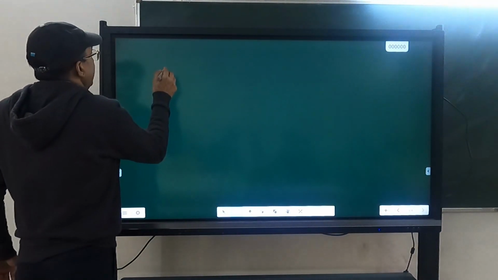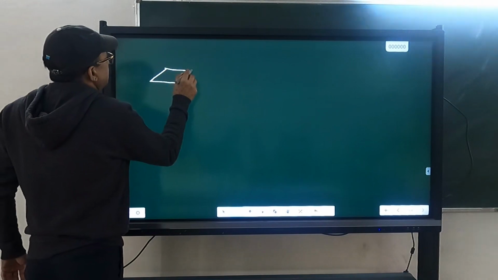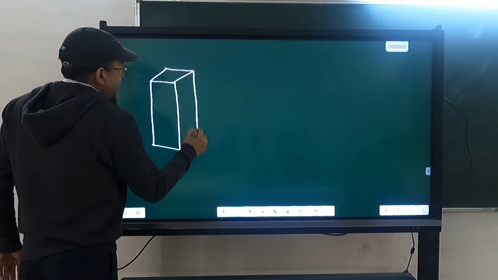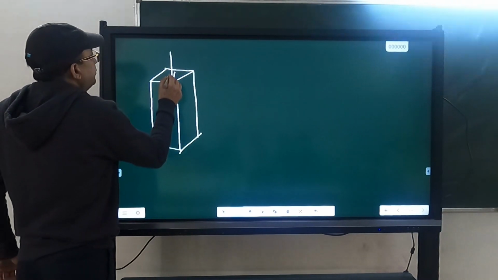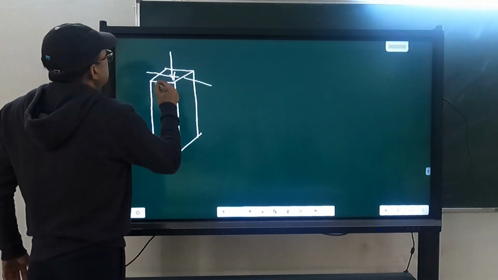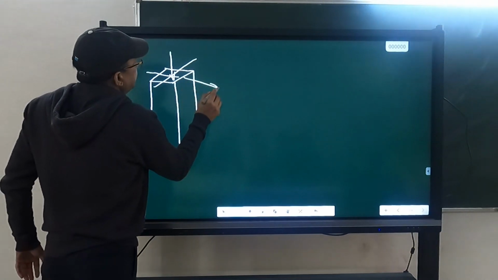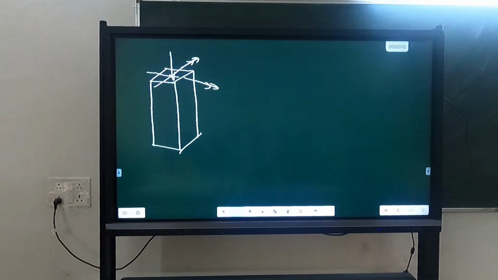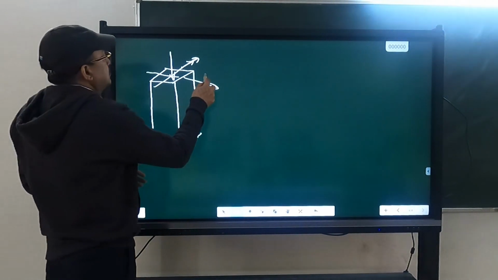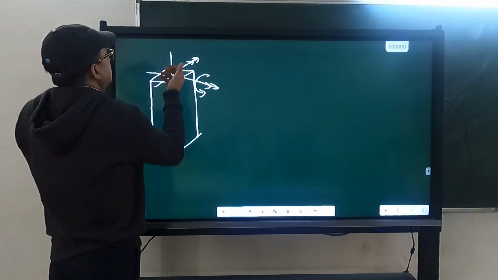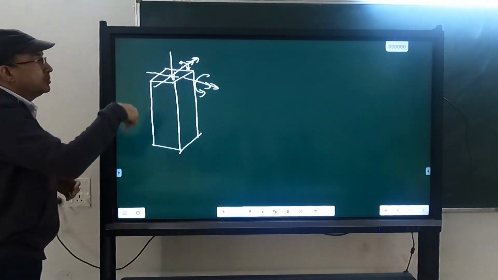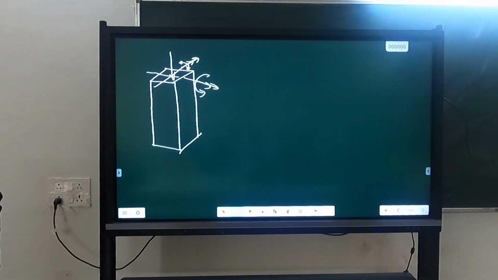Columns are subjected to axial force and biaxial moments. So this is the axial force, and then it is subjected to moments in both the directions. You remember the double arrow notation we have used for moment? So from the right hand thumb rule, these are subjected to moments in both the directions.